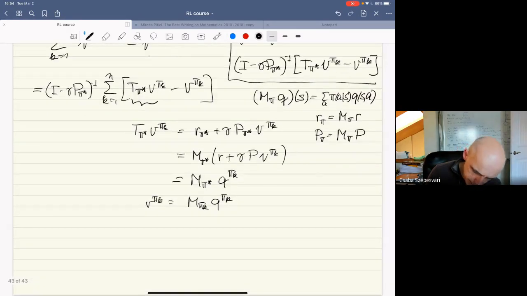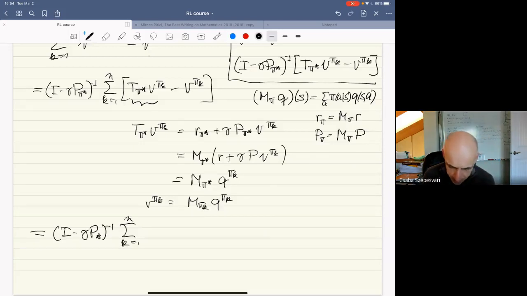So using these two facts, we can continue rewriting everything in terms of action value functions. So now we have M pi star q of pi k minus M pi k q of pi k.